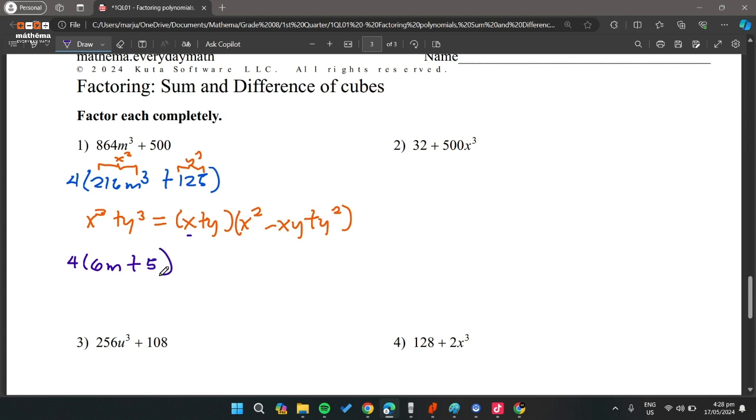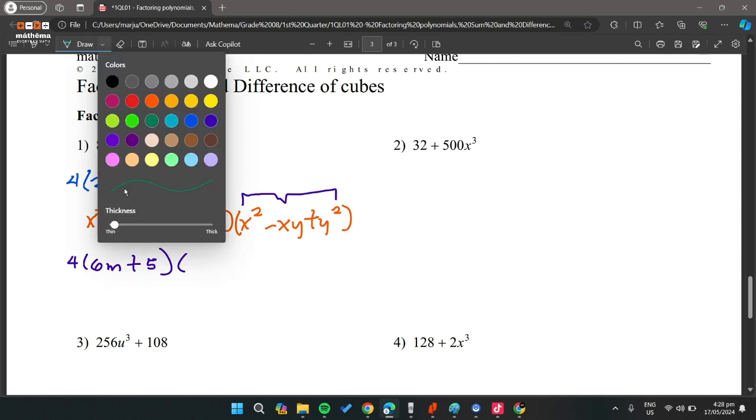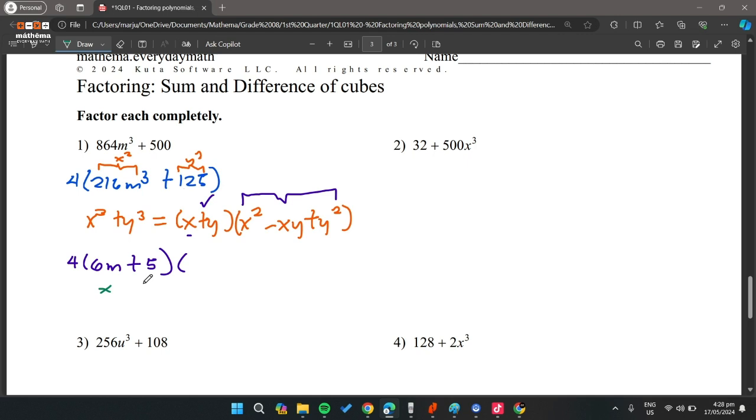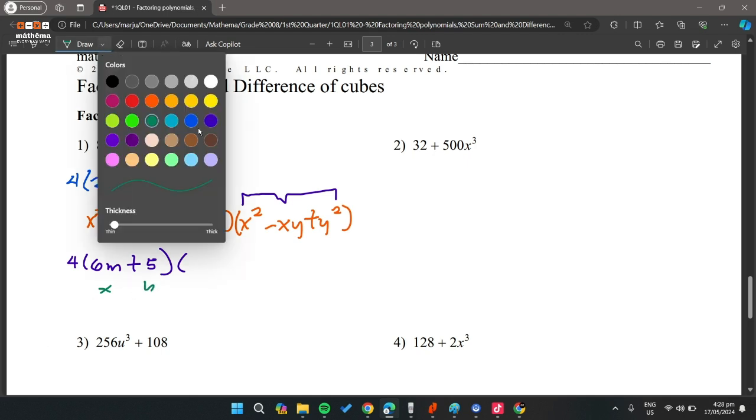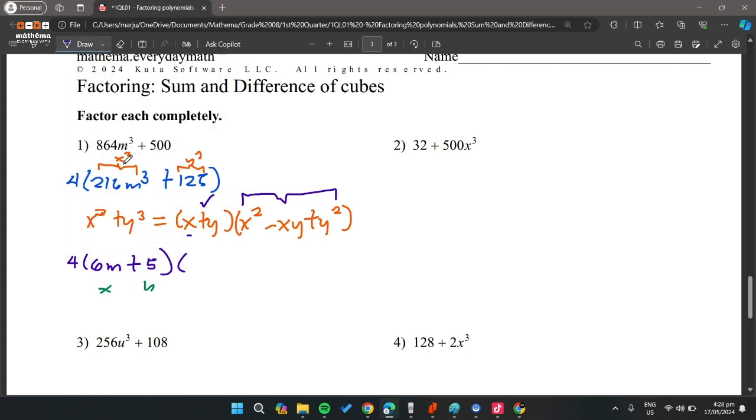That is 5. And then, using this pattern, we're done with that. So again, in this example, this serves as our x, this serves as our y. Now, let's try to continue. What is x squared, or 6m squared?